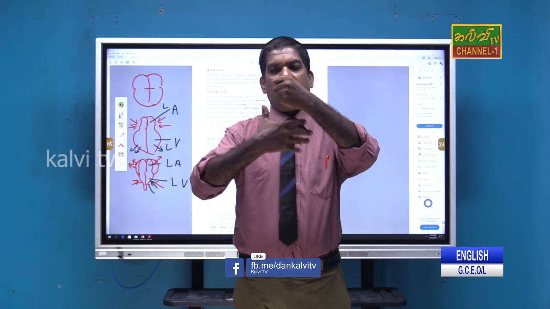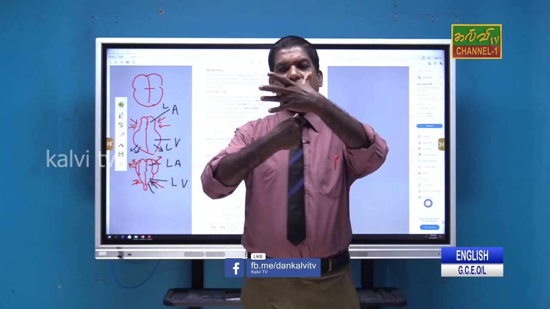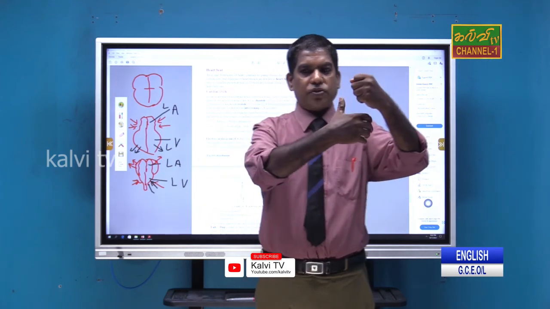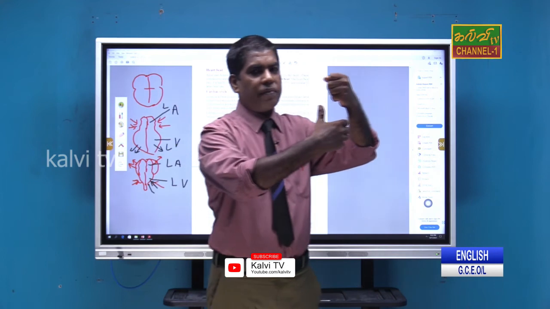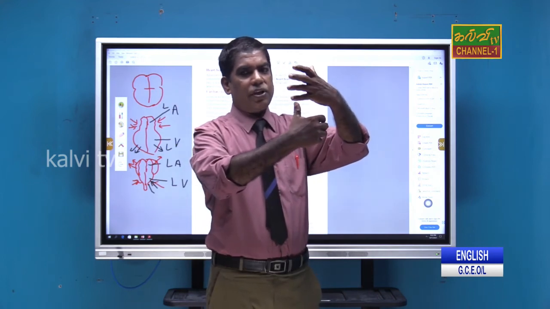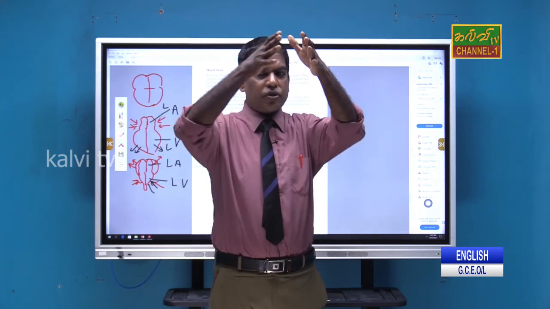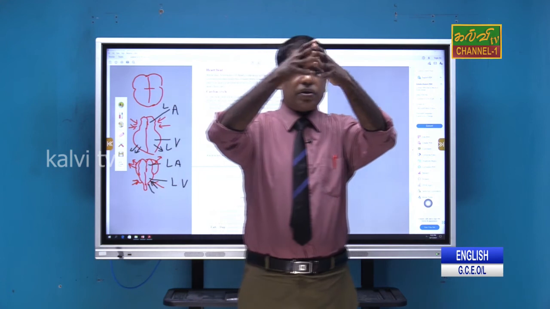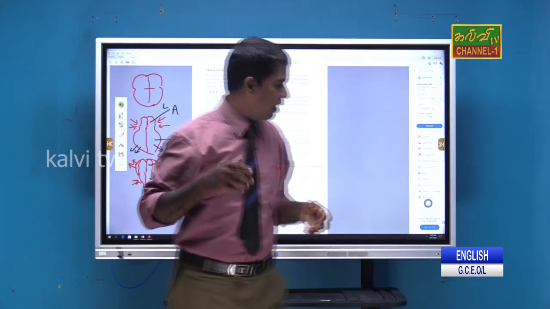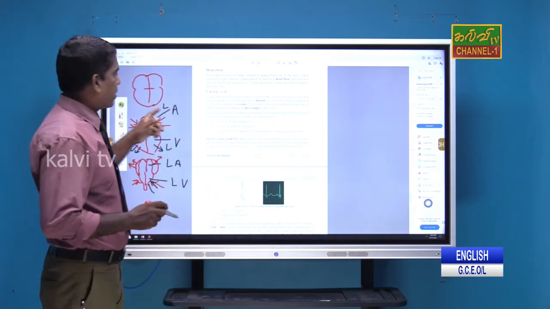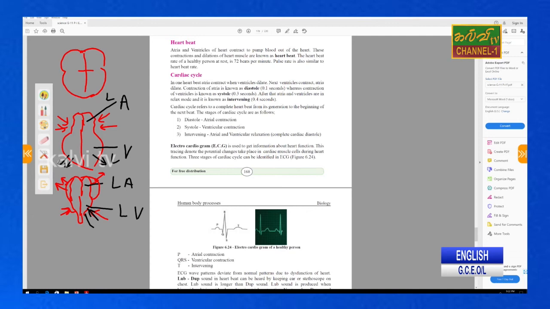So when the ventricle contracts, the atrium is going to dilate. When the atrium is going to contract, this is going to dilate. Understand, students? You should understand that, right? When blood enters the ventricle, at that time the atrium is going to narrow. Understand? Here on the screen I have mentioned that in one heartbeat the atria contract when the ventricles dilate.